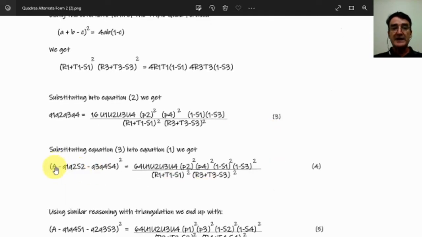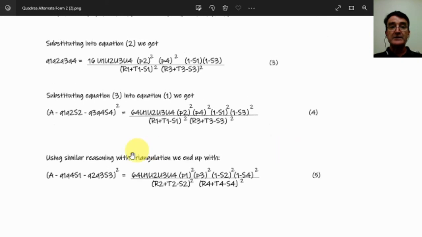And we get (A, the quadria of a projective quadrangle, minus Q1 times Q2 times (S2 minus Q3 times Q4 minus S4)) all of that squared is equal to 64 times U1 times U2 times U3 times U4 times P2 squared times P4 squared times (1 minus S1) squared times (1 minus S3) squared. All that divided by (R1 plus T1 minus S1) squared times (R3 plus T3 minus S3) squared. So that's equation 4.